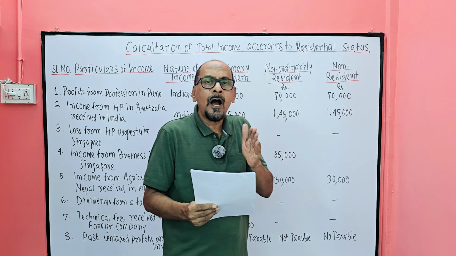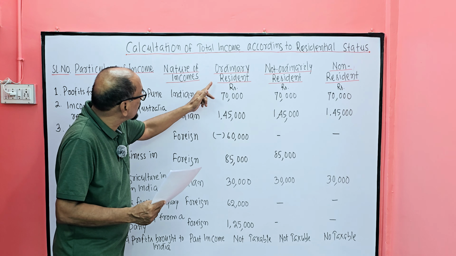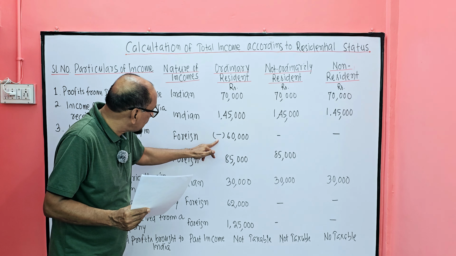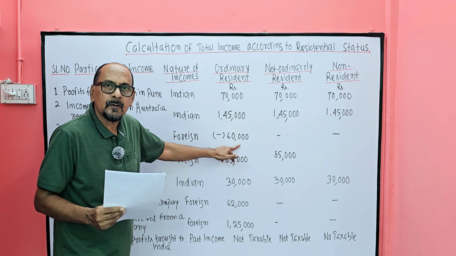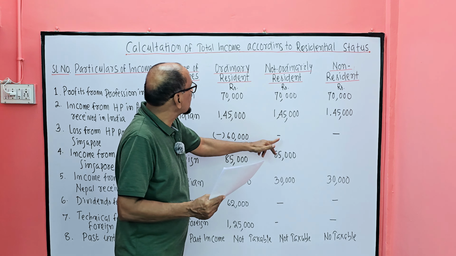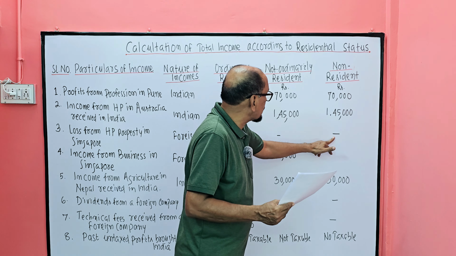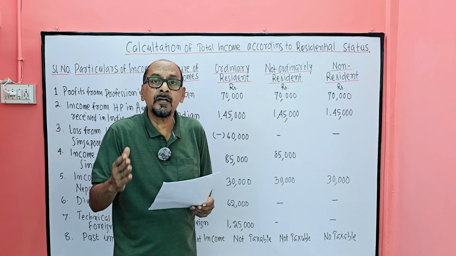It will be deducted out of the total income of the ordinary resident. That's why it is mentioned minus 60,000. And it is not taxable in case of a not ordinarily resident and non-resident, because it is a foreign income.